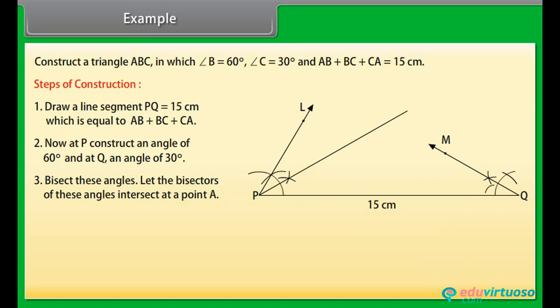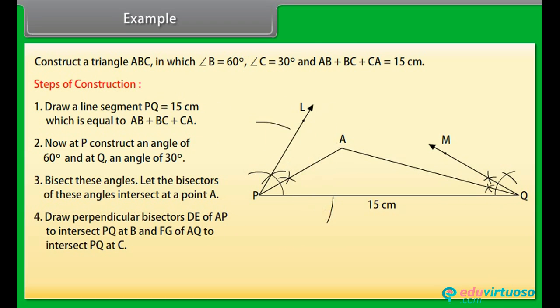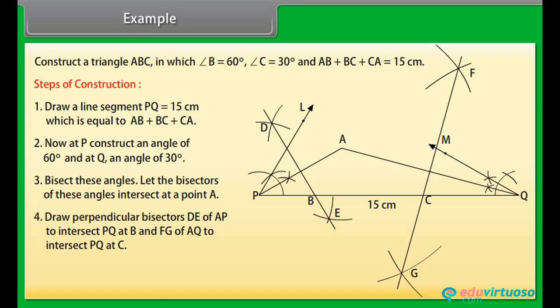Let the bisectors of these angles intersect at a point A. Now draw perpendicular bisectors DE and FG to intersect PQ at B and C. Join AB and AC. Then ABC is the required triangle.